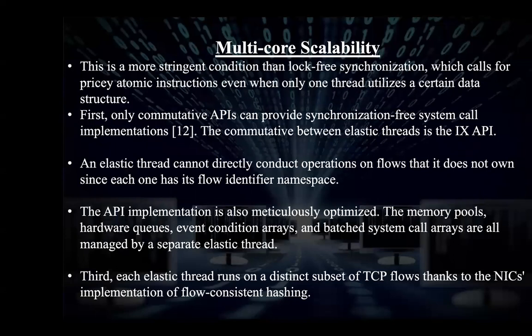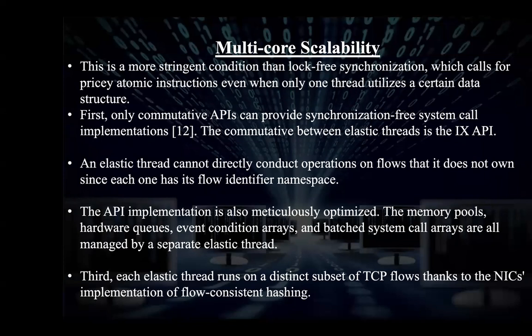Multi-core scalability. This is a more stringent condition than lock-free synchronization, which calls for pricey atomic instructions even when only one thread utilizes a certain data structure. First, only commutative APIs can provide synchronization free system call implementations.